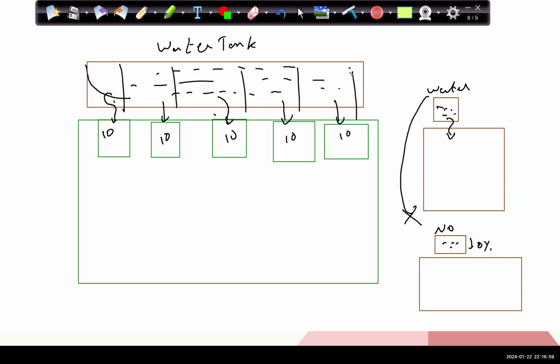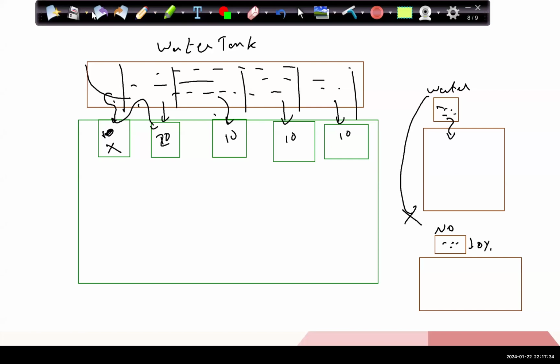Here, because it's common, we can share it. Another good thing is, say the people in this house have gone on vacation and are not available. I can stop giving this 10 liters to them and give it to the other, who can then get 20. So we can share like this, and for an independent house you cannot do that. This is the major drawback between physical and virtual machines.